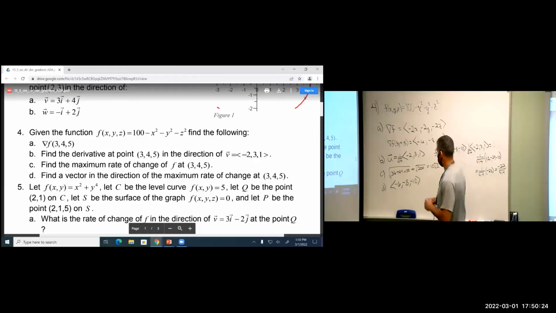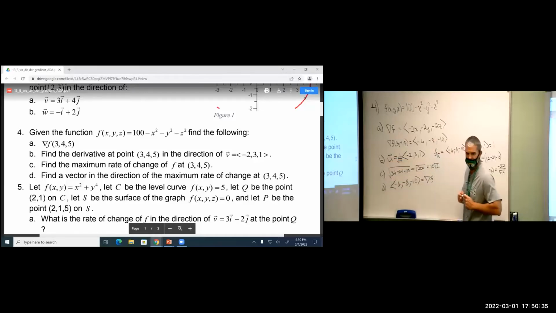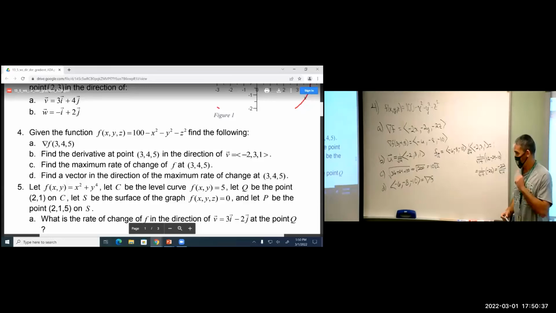Whereas when we label a vector, well, this is gradient. Gradient gets the upside down triangle. Otherwise our vectors always have a hat on them. But again, we actually got asked the same thing twice in this problem. A and B have the exact same answer, just asking about different aspects of the gradient.